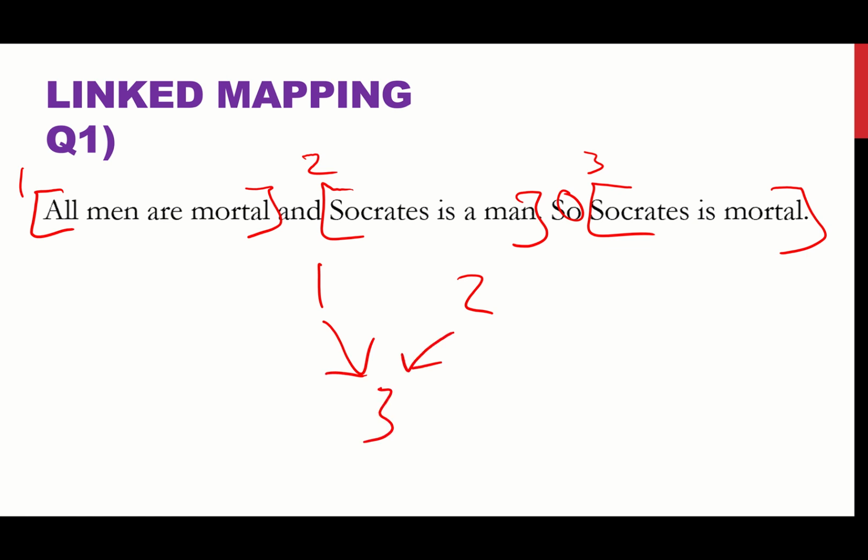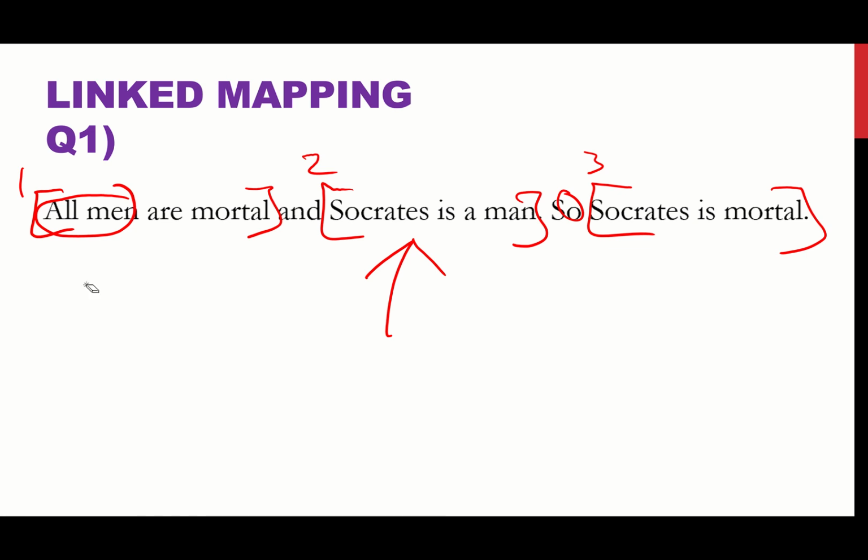But it doesn't, because all men are mortal, therefore Socrates is mortal. It doesn't work because Socrates might be a god, so I do in fact need that too. So 1 doesn't support 3, it needs 2, so it's actually 1 plus 2 down to 3.